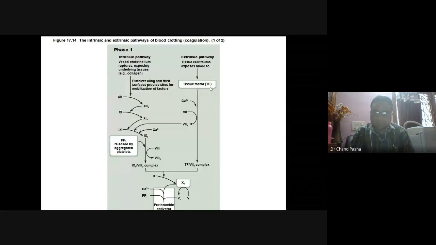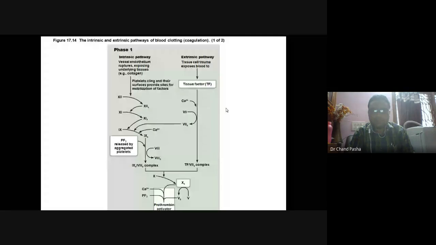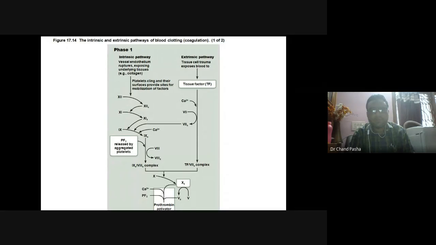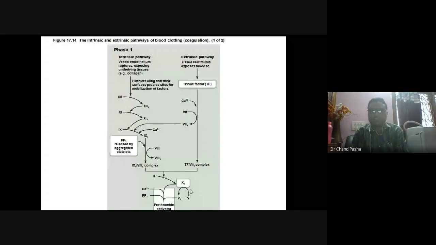And in the presence of 7A plus tissue factor, this helps in the conversion of 10th factor into 10th A factor. This is nothing but activation of 10th factor. 10th A is the activated version, and 10th is the normal, pro version.